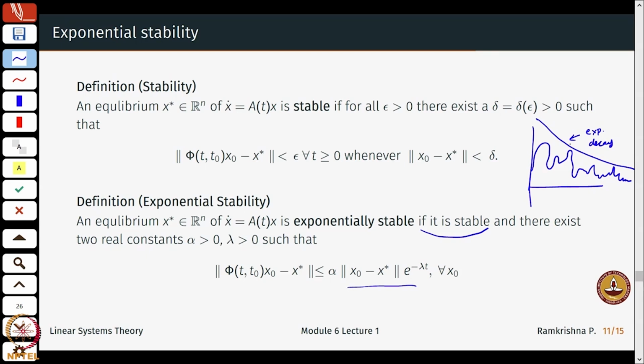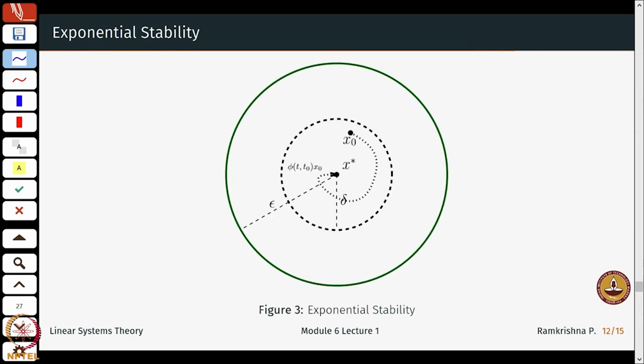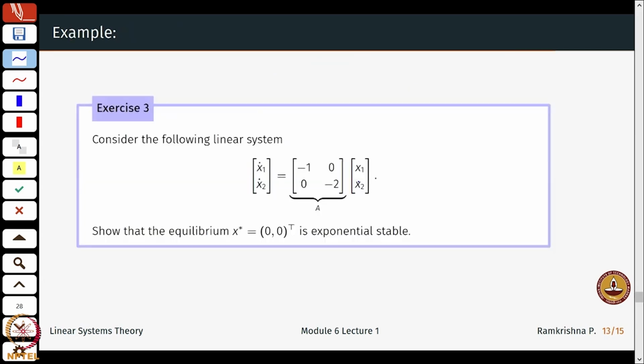Mathematically, my solution is bounded by an exponential function. This is exactly what is written here. This will be called the decay rate and so on. I can just write down a picture which looks like this, but I think it's easier starting from what we know earlier. It is now easy to interpret this picture.